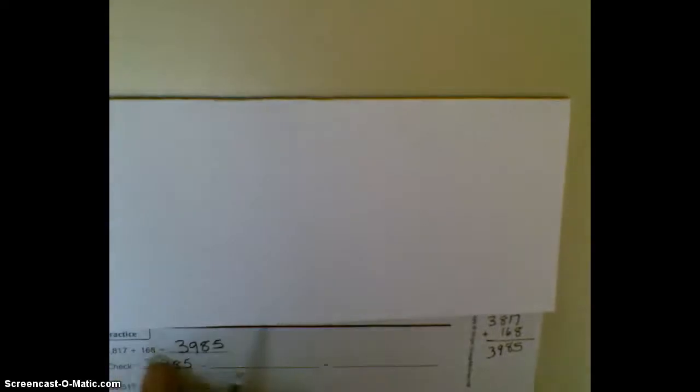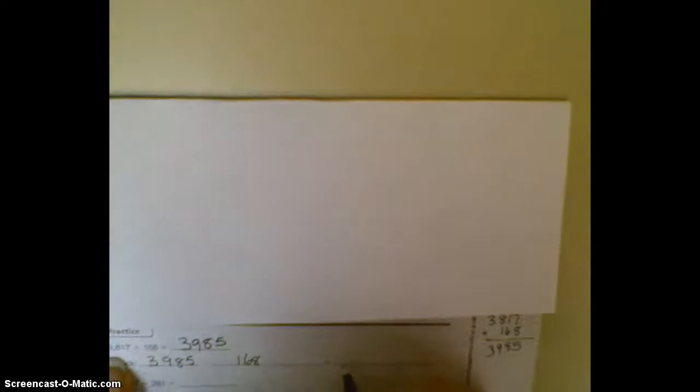Now it's asking if I checked it. I would need to put this answer first, 3,985, and then I could subtract one or the other, doesn't matter which one I put. But if I put 168 here, then my difference would be 3,817 if I wanted to check it.